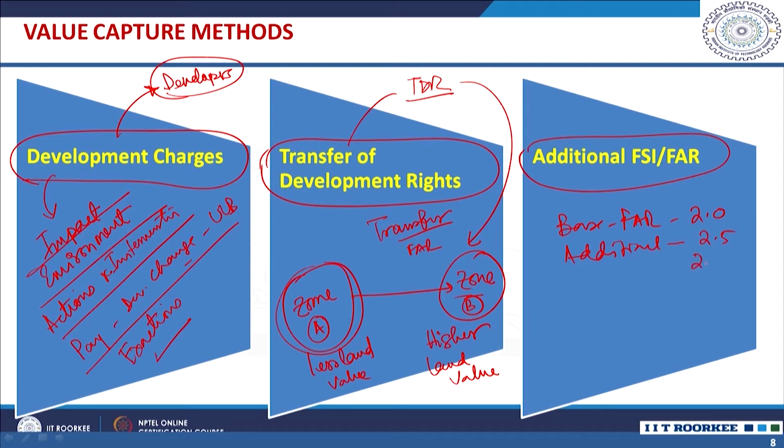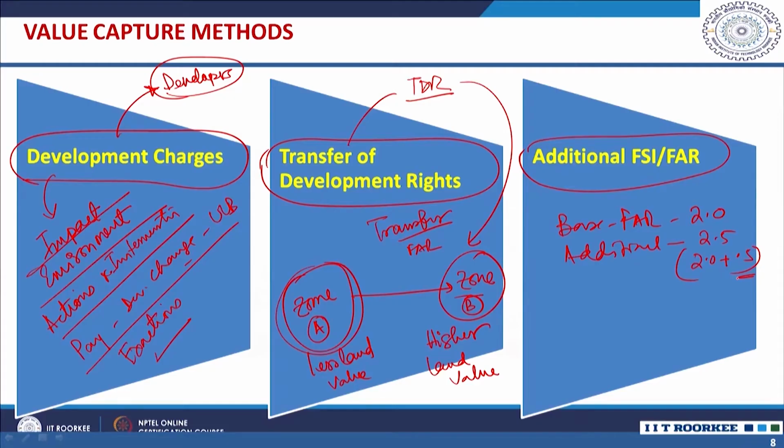So, that means 2.0 plus 0.5. So, this 0.5 becomes the additional FAR with additional payment. This kind of provision can also be framed under the local bylaws, local rules and regulations by the municipal corporation. In some of the states like Maharashtra, they have been trying both TDR and additional FAR.